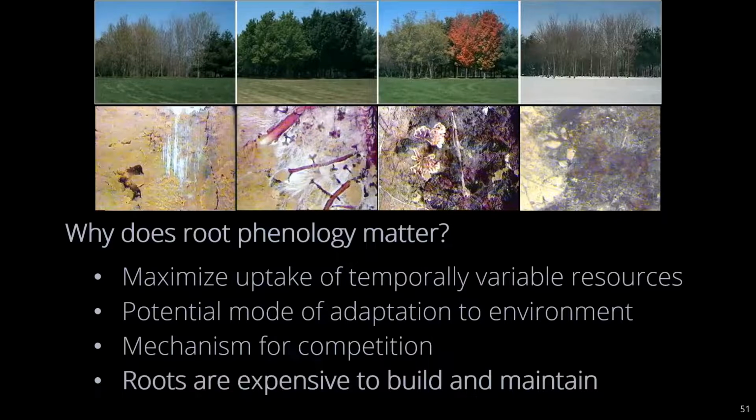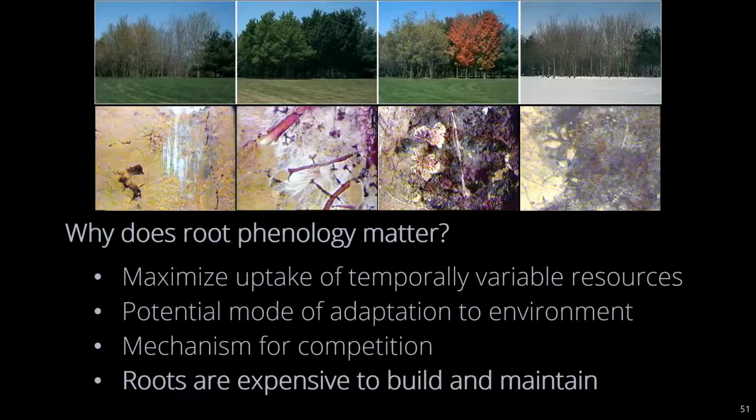Now, those issues are all about what the roots do and what they take up. It is critical to also point out roots are incredibly expensive. So depending on the system that you're in, most temperate forests, we think about just the construction of roots taking somewhere between 10 and 30% of total productivity in a forest in any one given year. That's not counting anything about mycorrhizal fungi. That's not counting maintenance, respiration, just the construction. And in many systems, this can be much higher.